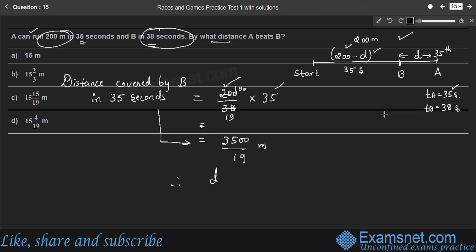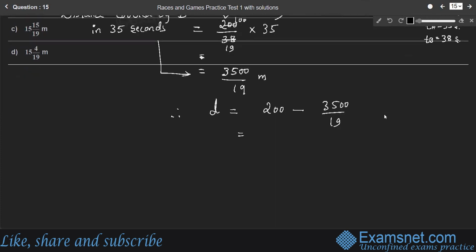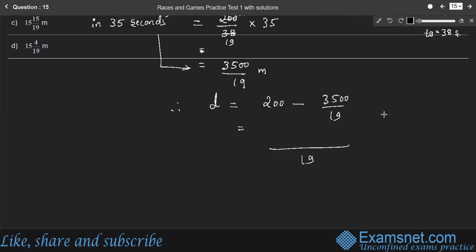Therefore, what is the value of D? D is equal to the whole track distance 200 minus 3,500 by 19. Here 19 is the LCM, so 3,800 minus 3,500 will be the numerator. So we have 300 by 19 as the distance by which A beats B. Therefore, 300 by 19 can also be simplified.